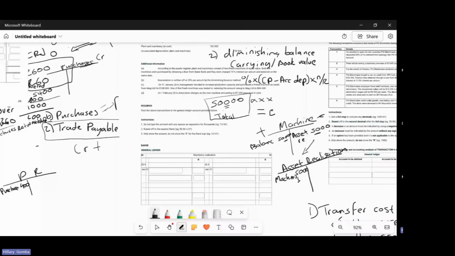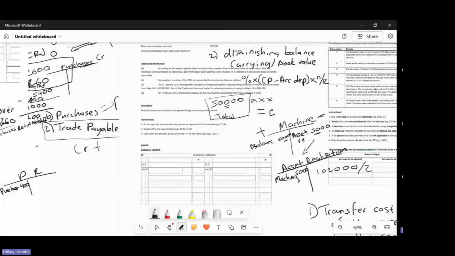What you do is you say 102,000 divided by 2, because they told us that these machines had the same value, and we get to sell one. How much do you get? 51,000. 51,000, which means here you come, you record machinery, 51,000.